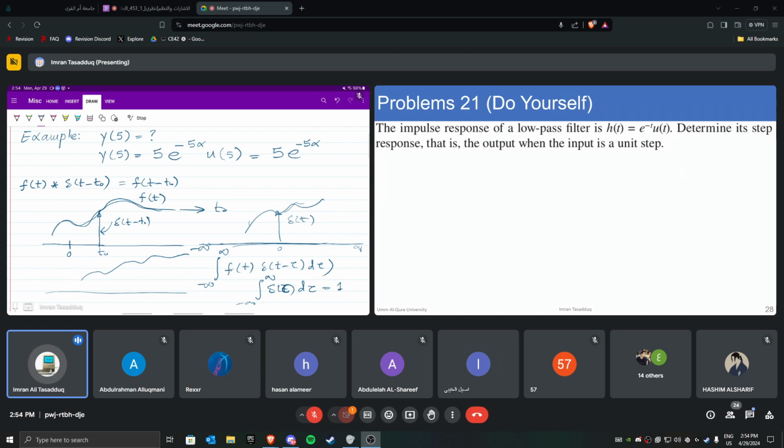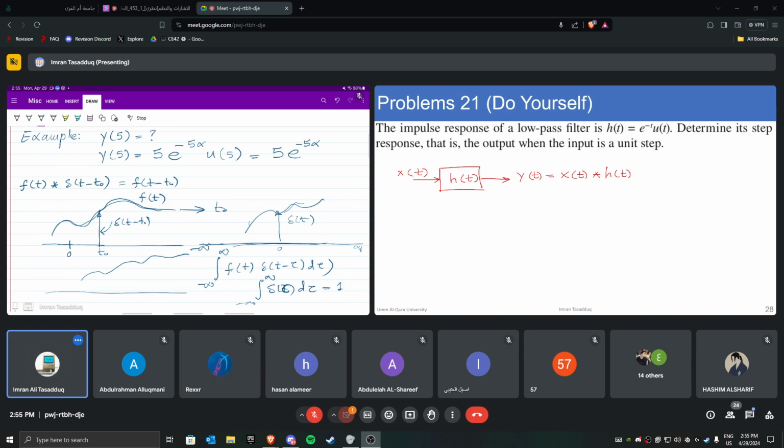Whenever we are trying to find the output, let's take this example. You have a system whose impulse response is h of t, and here you have input x of t. When you do the convolution, the output y of t is the convolution of x of t and h of t, right?